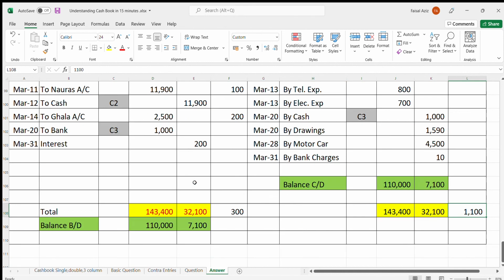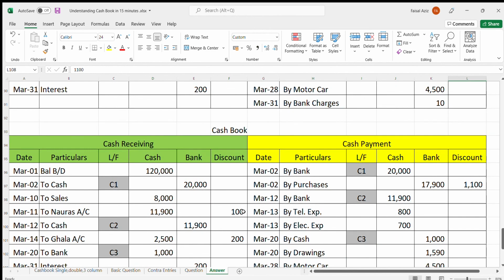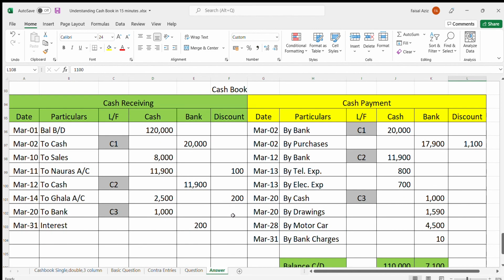So I hope you would have understood the 3-column cash book. Specifically, I did not discuss the 2-column cash book because in the 2-column cash book we are having transactions regarding cash and bank. So these transactions we are covering in the 3-column cash book. So there is no need to discuss the 2-column cash book separately.